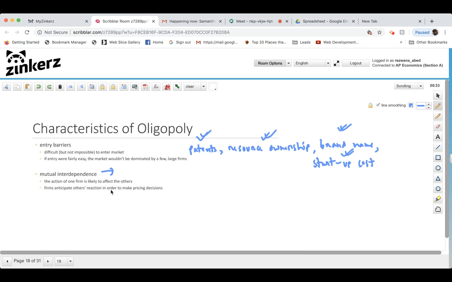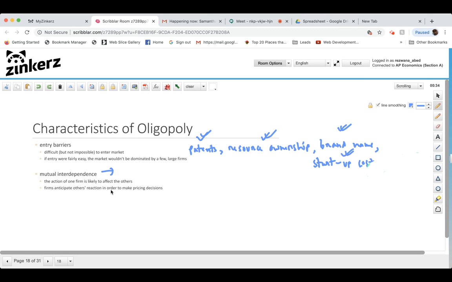The firm that made the choice to change its price is going to be affected by its rivals too. So it's sort of like the interdependence among oligopoly firms. You can compare that to a game, or an athletic contest, because one team's success depends not only on how well you're playing, but also on the action of your competitor.